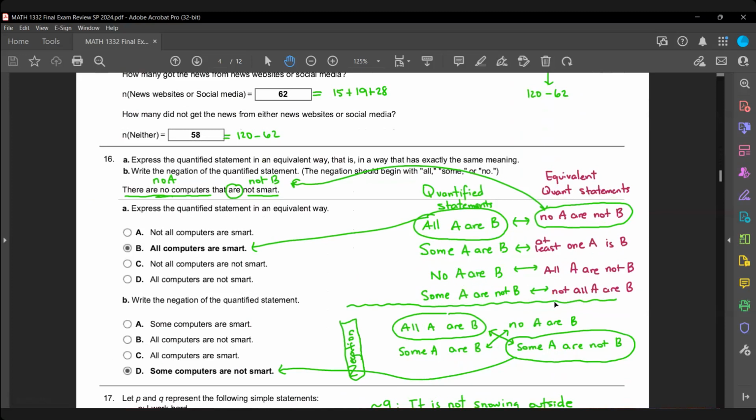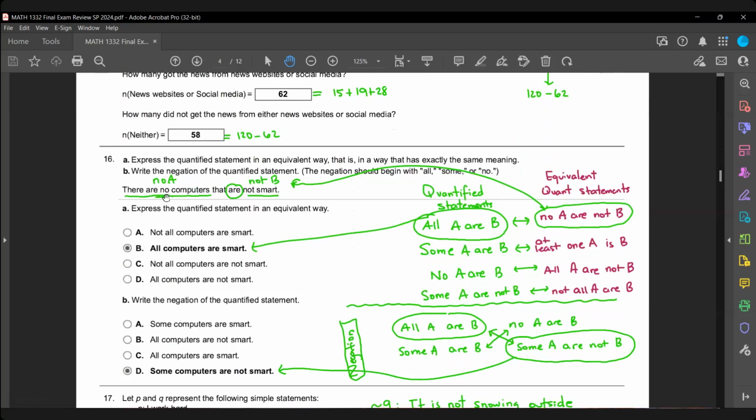So now you're wondering, well, you got a whole bunch of circles. What does that mean? Well, after I wrote this out, I then look at what type of quantified statement was presented in example 16. In this case, it says, there are no computers that are not smart. In other words, this is of the form no A are not B. Again, let's read that one more time.